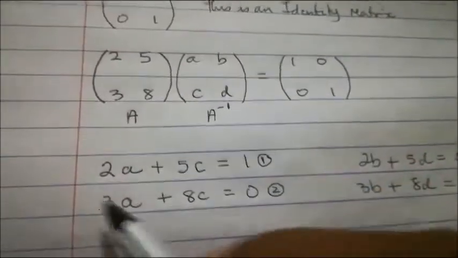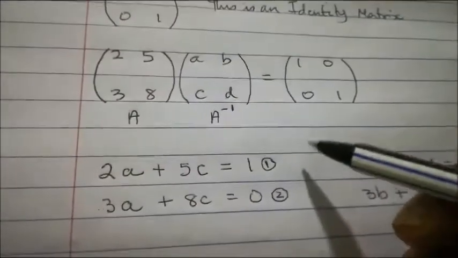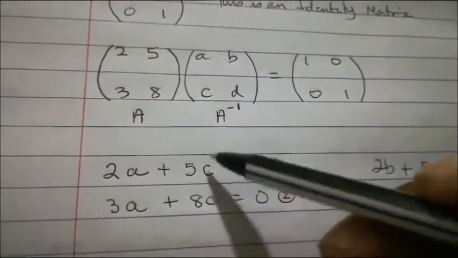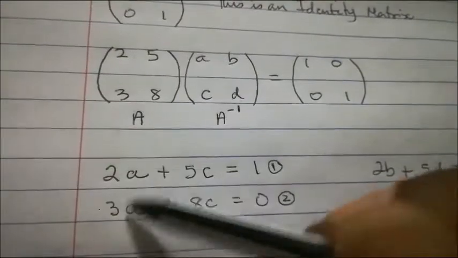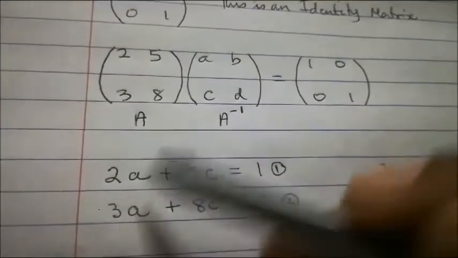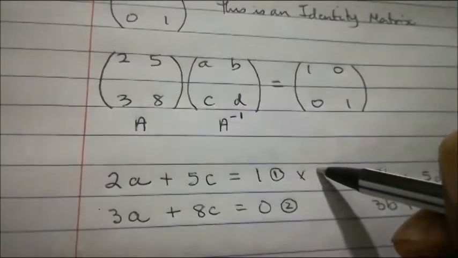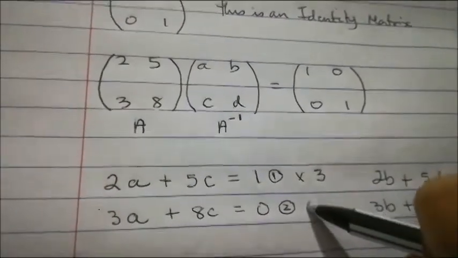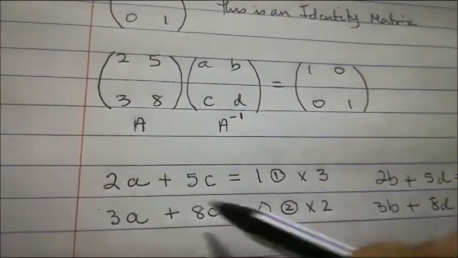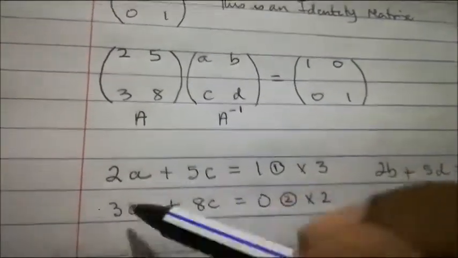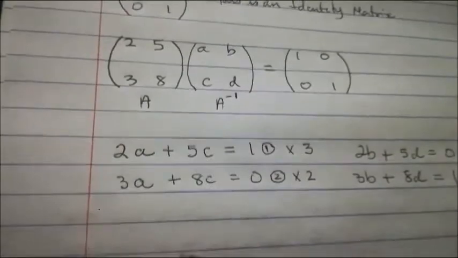Okay, so let's work with this first pair of equations. We can eliminate C, the variable, and it's easier to eliminate A. So what we're going to do, we're going to multiply the first equation by 3 and multiply the second equation by 2, because the LCM for 3 and 2 is 6, and we want these two to become 6A, right?